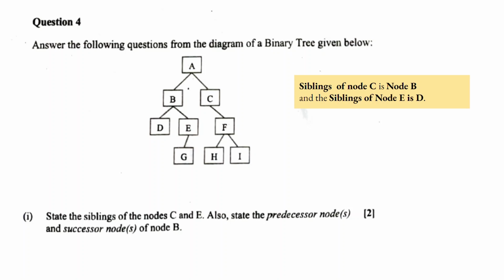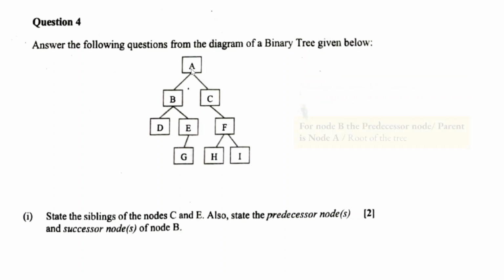The second part says predecessors, or normally this is known as the parent node. In a binary tree, any node except the root node has a unique node which is called the parent node. For node B, the predecessor or the parent node is A, which is nothing but the root node.